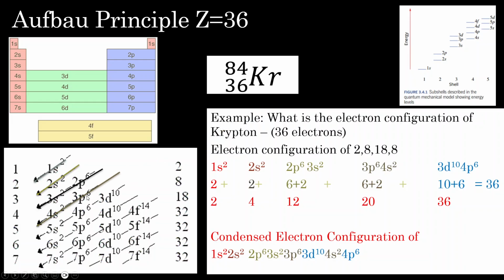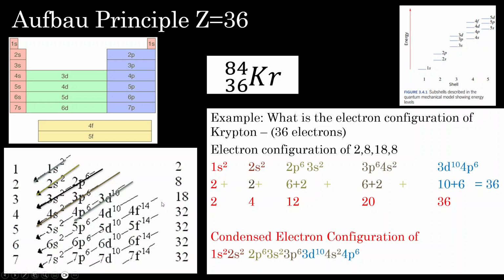After 3s2 is 3p6, then I go to 4s2, and then 3d10, and then 4p6. So the electron configuration for krypton is 1s2, 2s2, 2p6, 3s2, 3p6, 3d10, 4s2, 4p6.